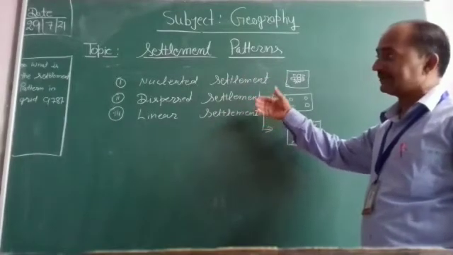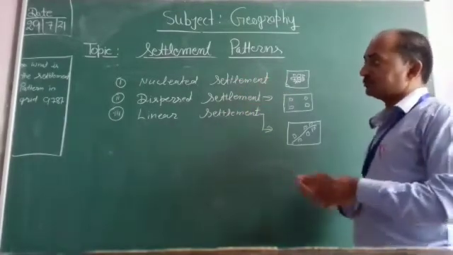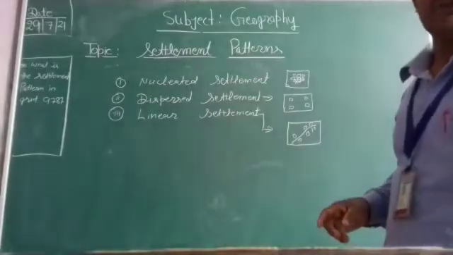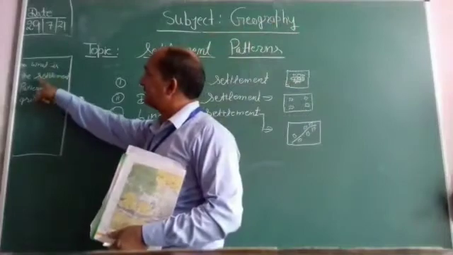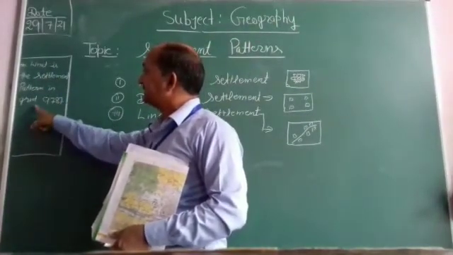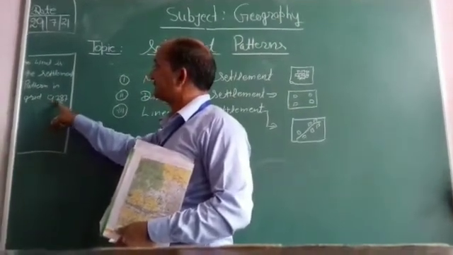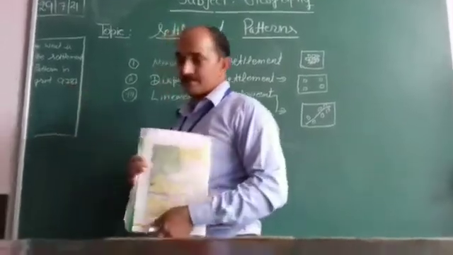Now we can take one example of how to find it on the topo sheet. So this is the example. What is the settlement pattern in grid 97, 87? So this is your map.